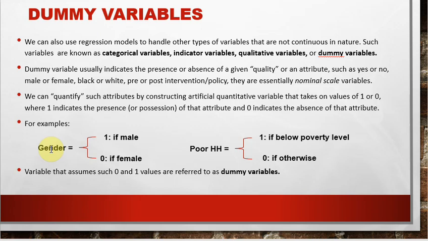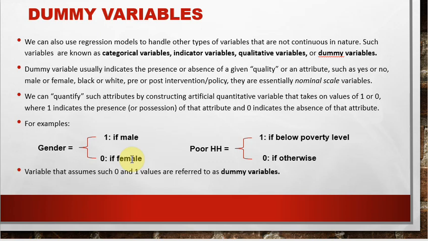Some said, okay, I'm male, others said female, and you decide to assign 1 to all the people who answered they are male, and 0 to all the people who answered that they are female. But note that this is arbitrary. There's no hard rule about it. As a researcher, you decide who to assign 1 or 0 to.